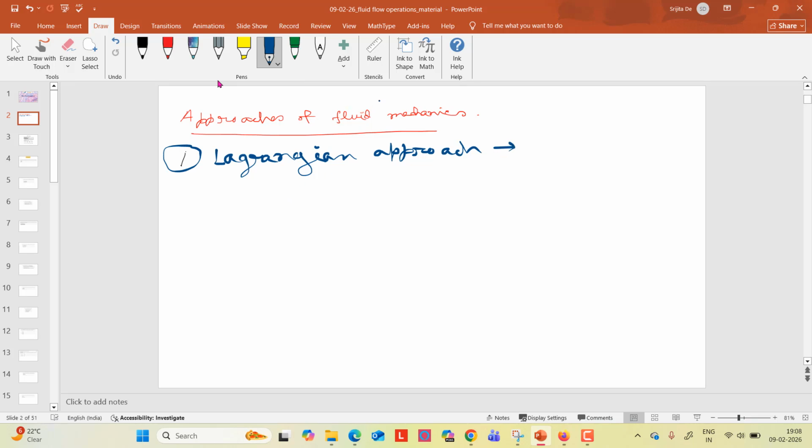Okay. So what is that? The Lagrangian approach is also called the particle based approach.